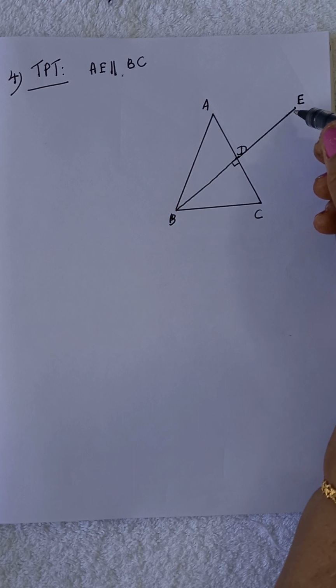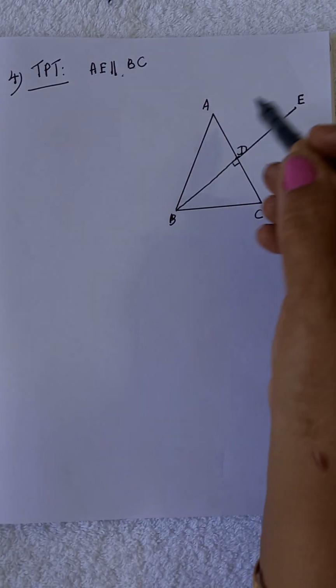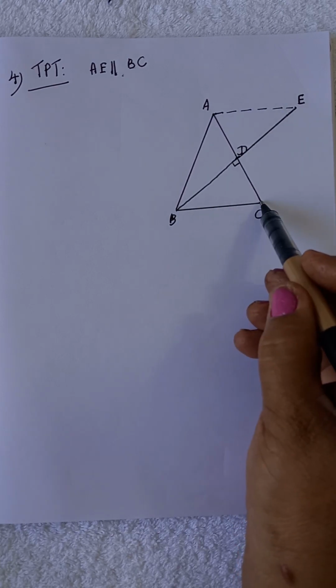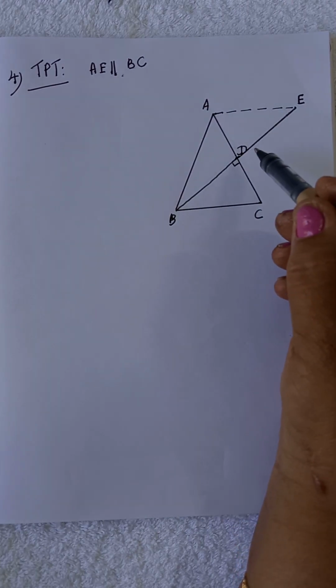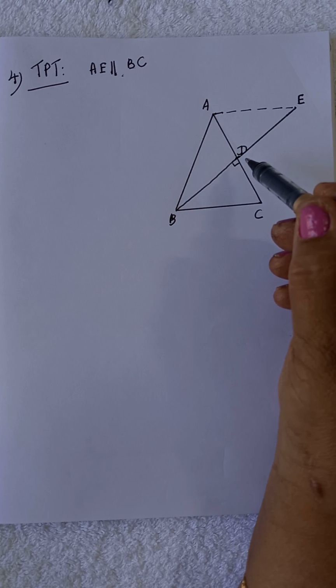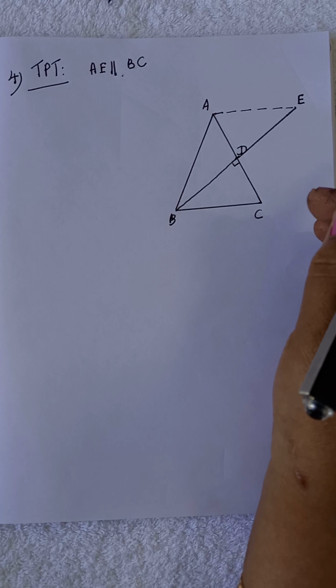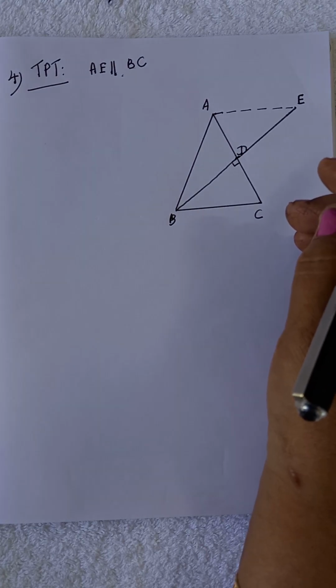Then we have to prove that AE is parallel to BC. Join this A and E, so that AE and BC are parallel. To prove that, vertically opposite angles and interior alternate angles should come to your mind if two lines are parallel. So here we have joined A to E.